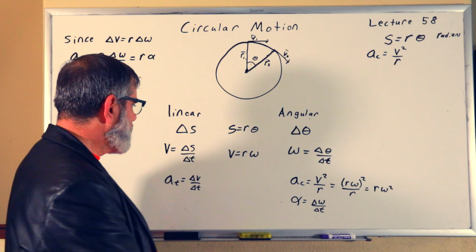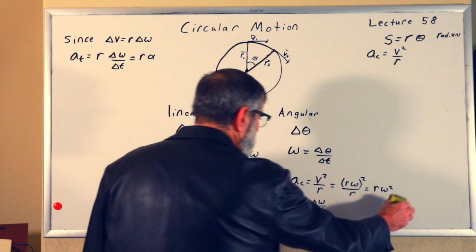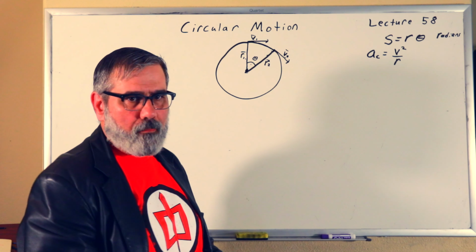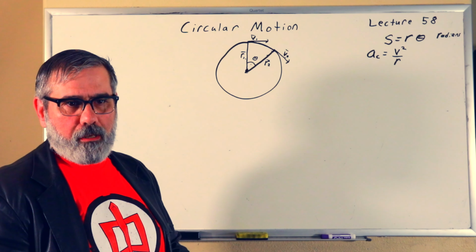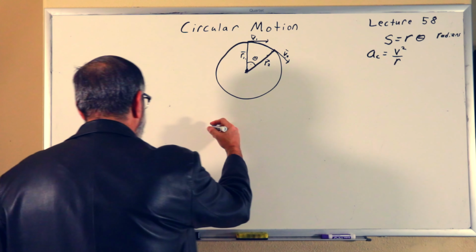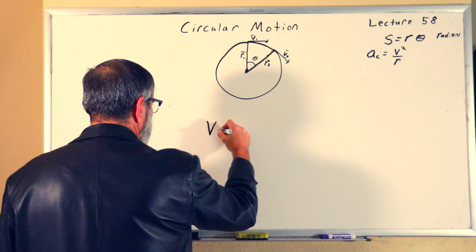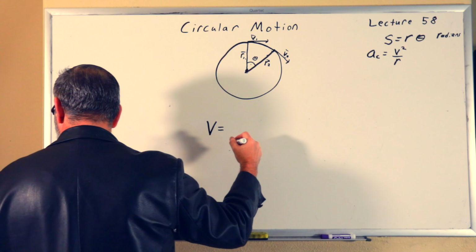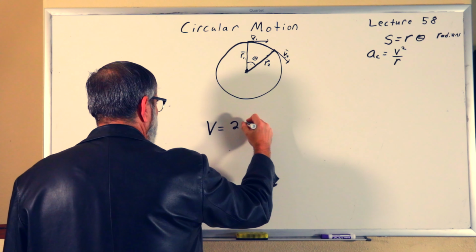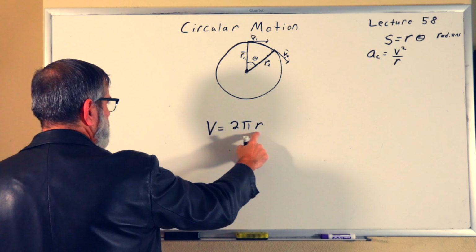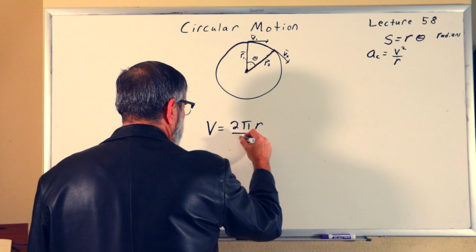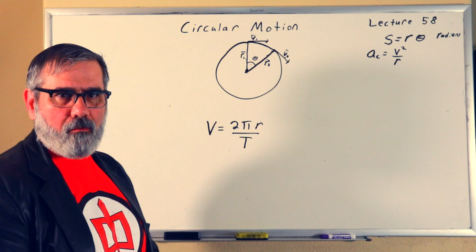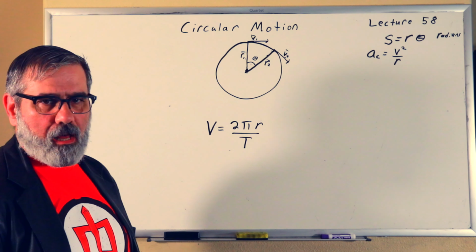Just a few other terms that might be worth knowing going forward. If we make a full revolution around the circle, we call that a period. And so the period is defined from the velocity. If I take 2 pi r, that's the distance traveled, and I divide it by the time it takes to travel that full distance, that should be equal to the velocity.